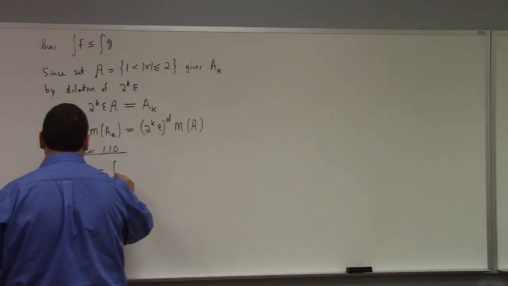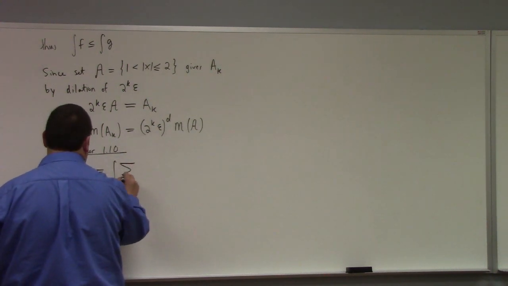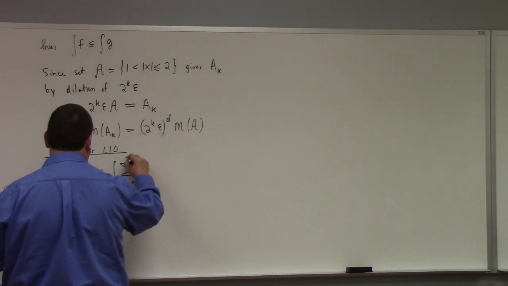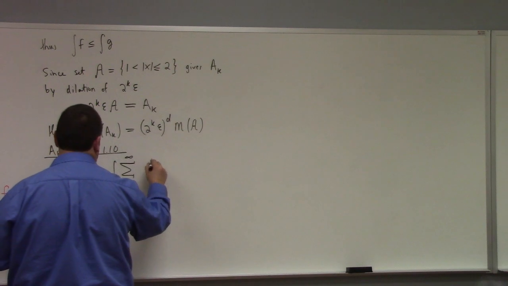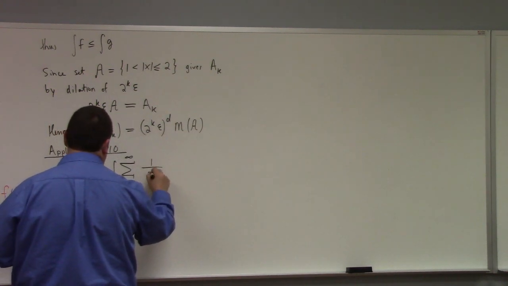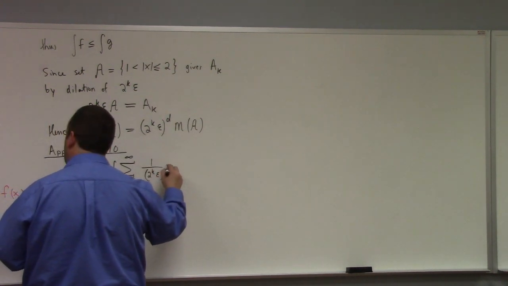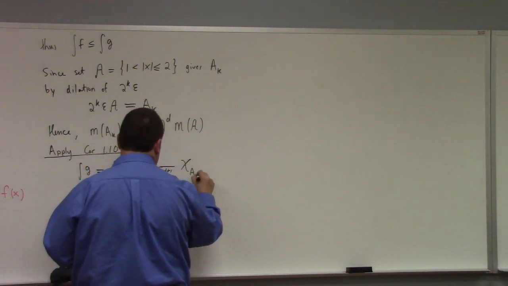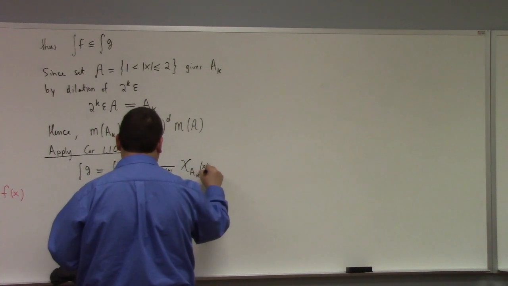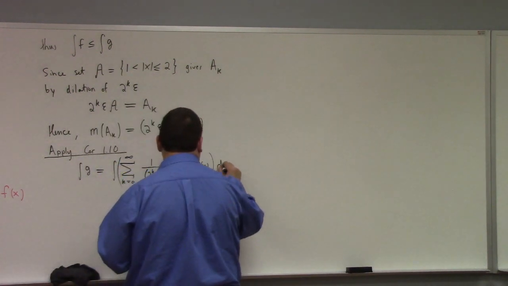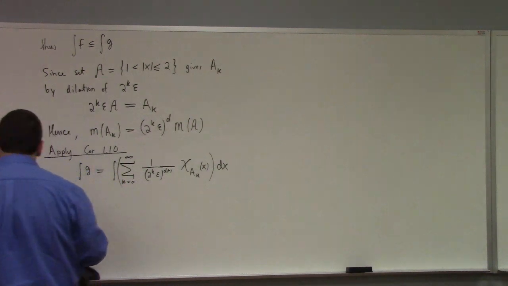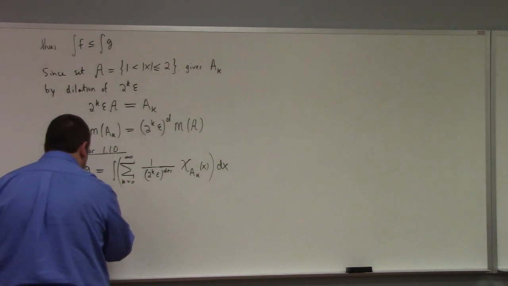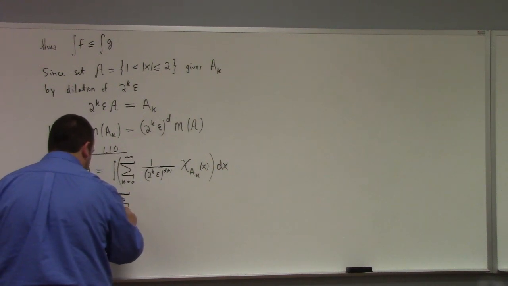So we're integrating the series, k equals 0 to infinity, right, of g_k of x, but that's what? That's 1 over (2^k epsilon)^(d+1) times the characteristic function of A sub k of x, dx, right? Corollary 110 says we can exchange the order of integration and summation if we've met certain conditions.